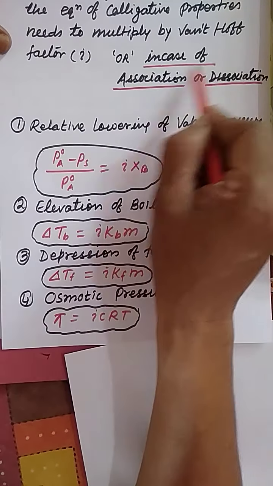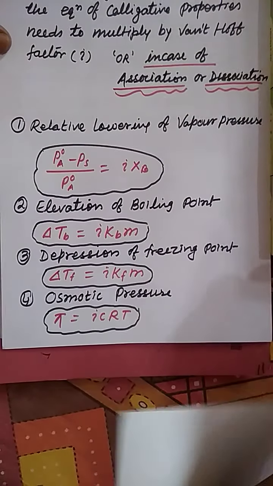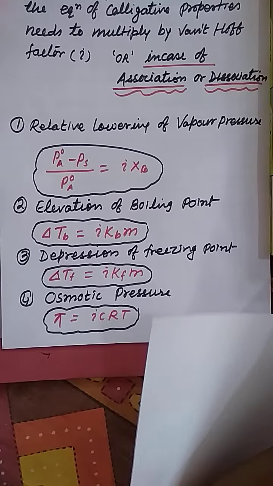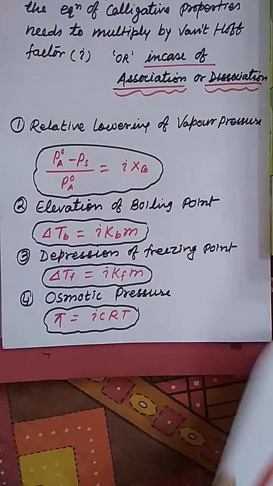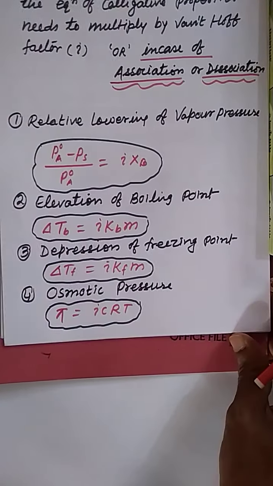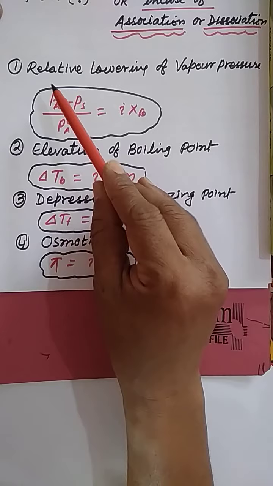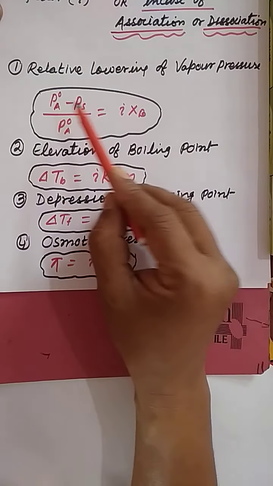In case of association and dissociation, while solving a problem, if association or dissociation is given in a numerical problem, then definitely you have to introduce Van't Hoff factor, and the colligative property equations become, as for example, relative lowering of vapor pressure.